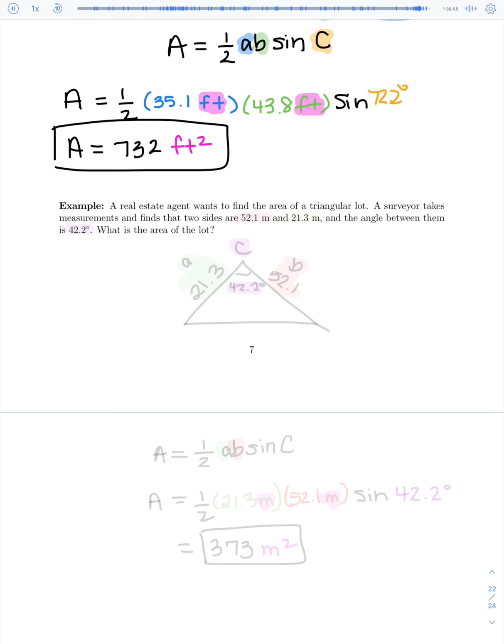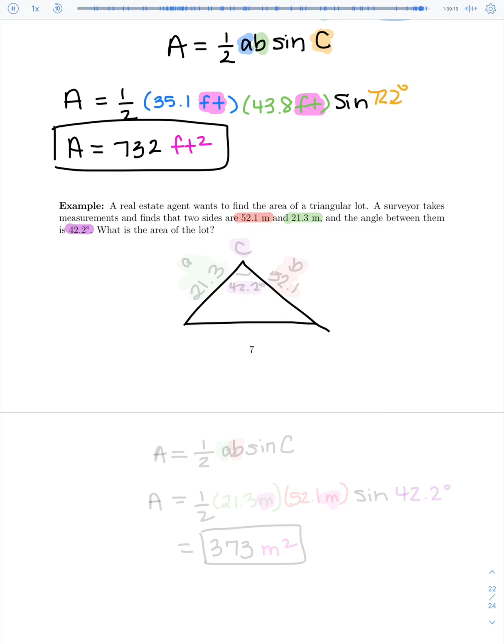The last one here, we have the same idea. We have 2 sides. We have 52.1 meters and 21.3 meters and the angle in between them. If it's the angle in between them, that means that the angle has nothing to do with the other 2 sides.